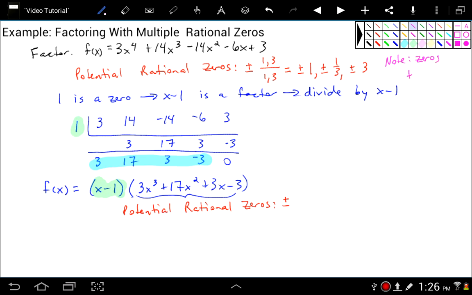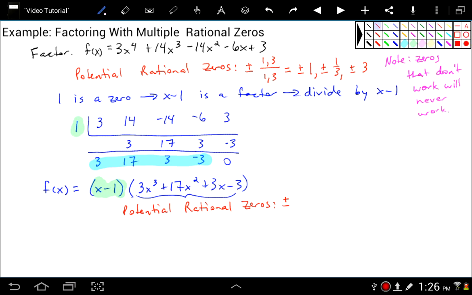Zeros that don't work will never work. So you never have to test them again. But if a zero does work, for example 1 did work before, it might work again. It could be a 0 more than once. Its multiplicity can be higher than 1.